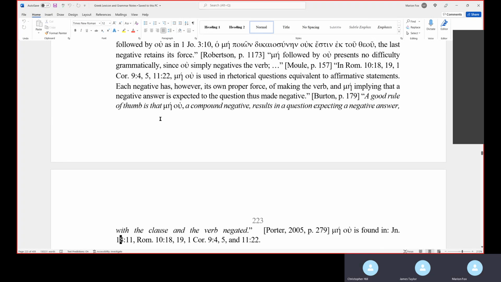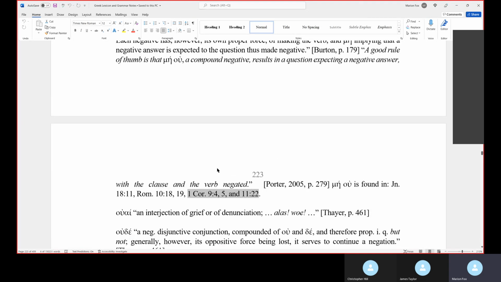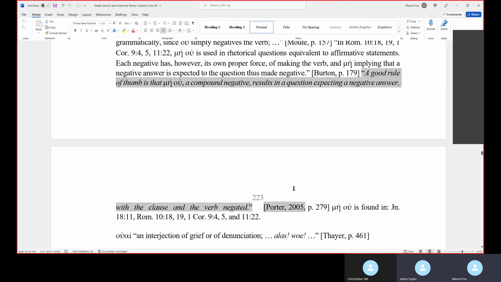Good information. I wanted you to see that, particularly since I knew you were in the 1 Corinthians class, and we'll be seeing it 3 times in 1 Corinthians. So go back here and see what Porter says about it. I'll highlight it right there. There's Porter. Okay. Any questions?